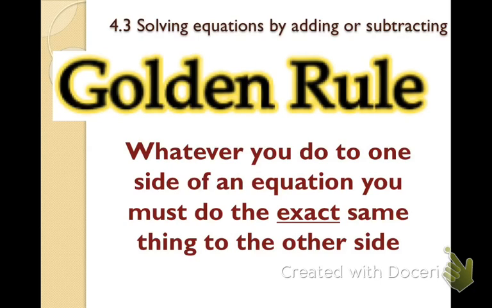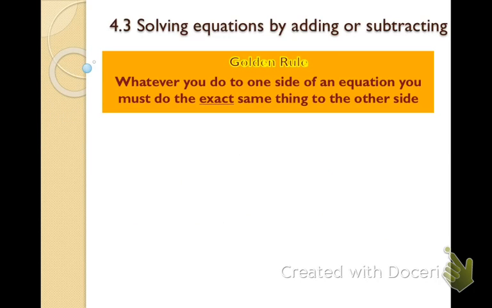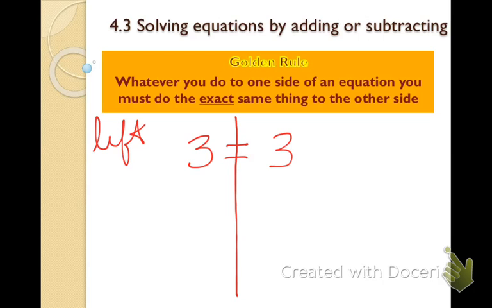Okay? Why does this rule make perfect sense? Well, if we take a silly equation like 3 equals 3, I'm going to split the equation down the equal sign. So I have my left side and I have my right side.